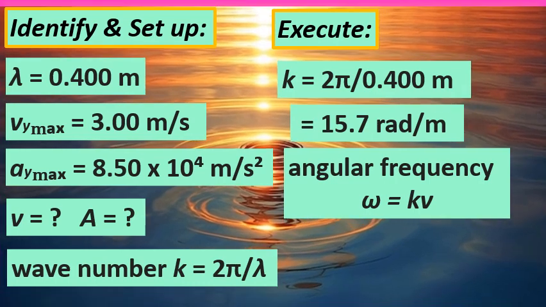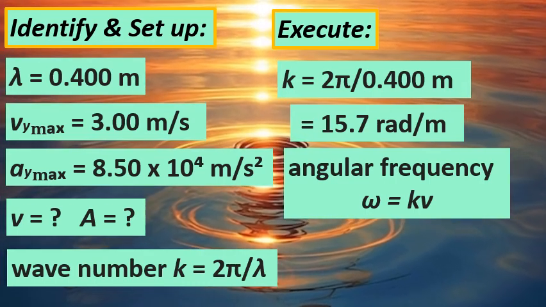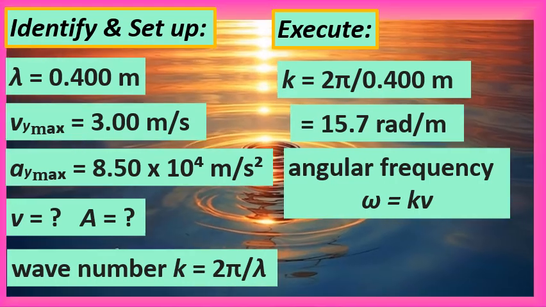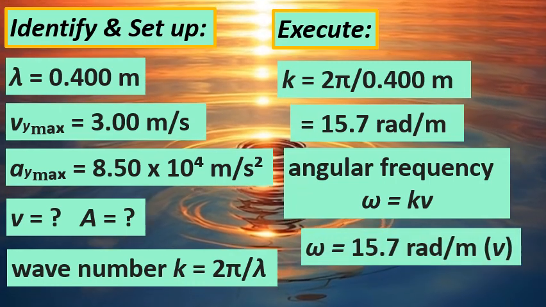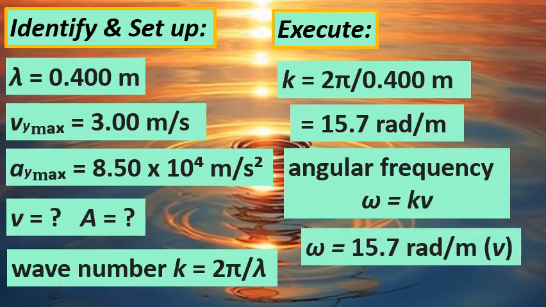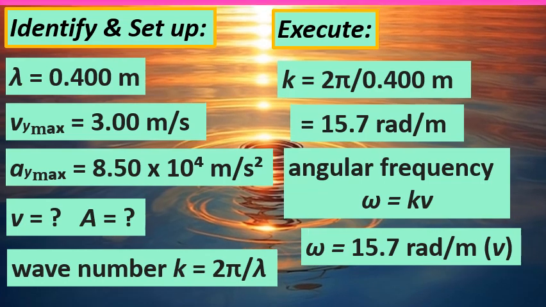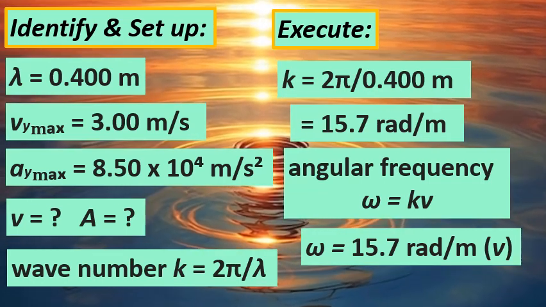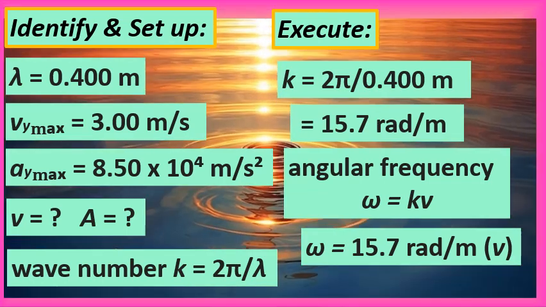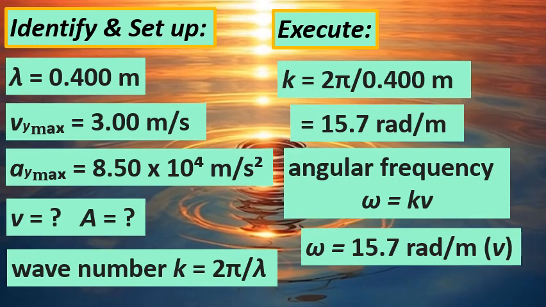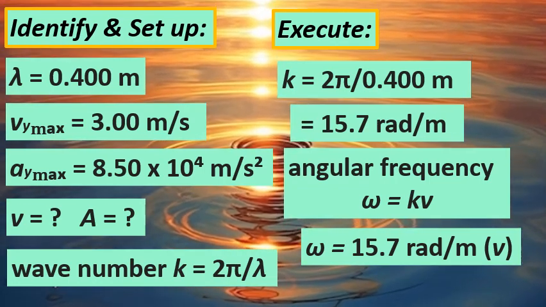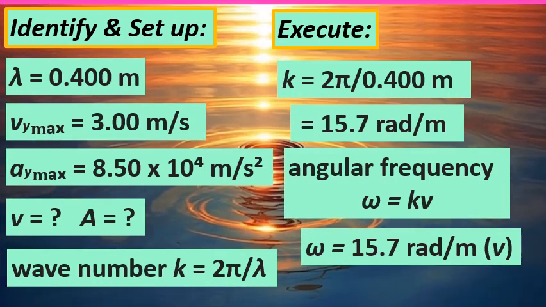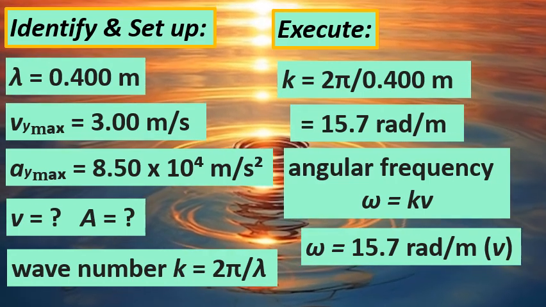Hence, we can also express omega in terms of the wave speed v. That is, omega is equal to 15.7 radians per meter multiplied by v. V is one of our target variables.